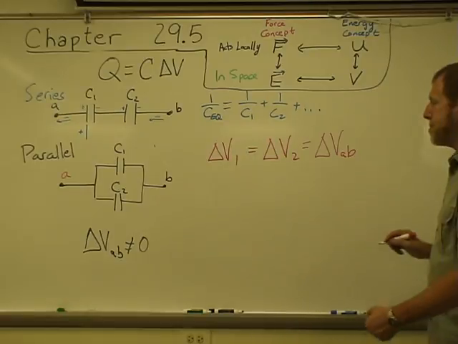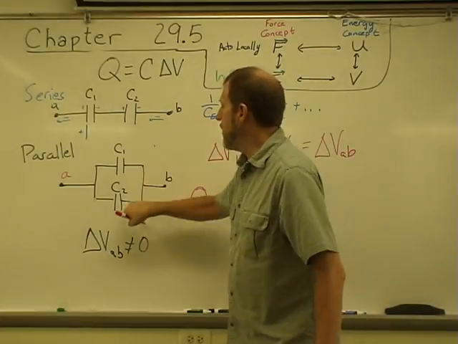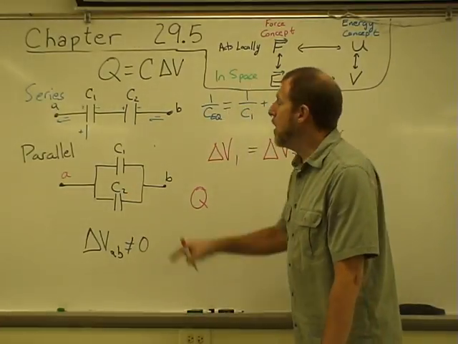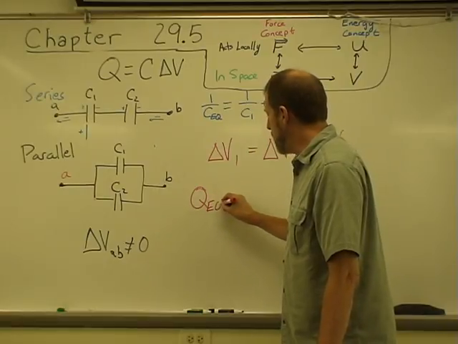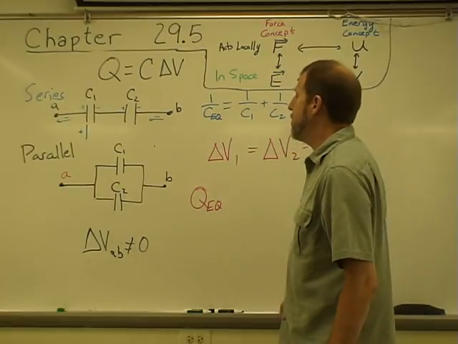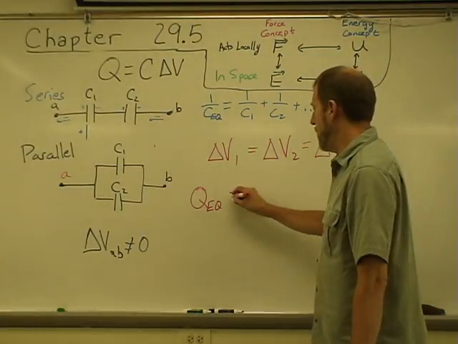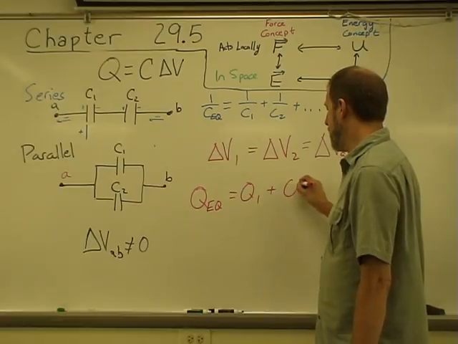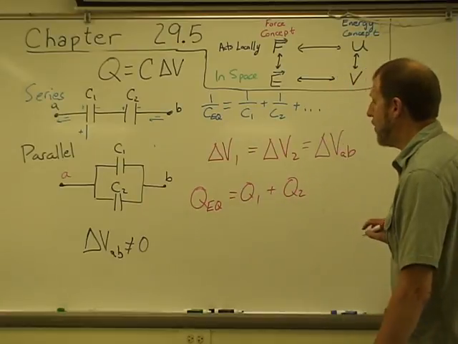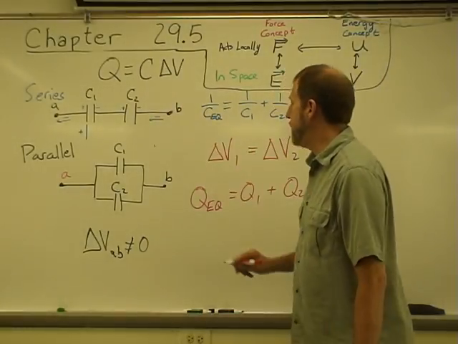Now, each one of these represents a different path. Each one can build up a different charge. So the charge on the equivalent capacitance of that whole deal is equal to the charge stored up on capacitor 1 plus the charge stored up on capacitor 2. Q is equal to C times the change in potential.